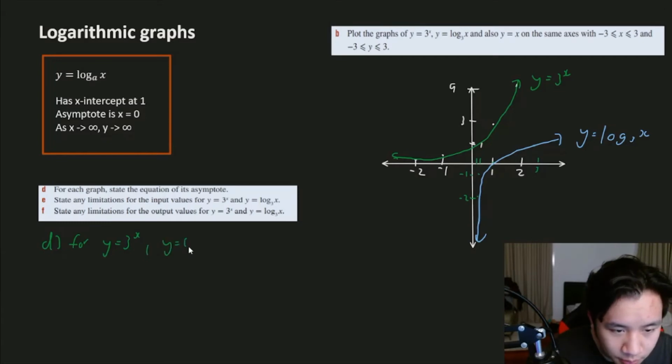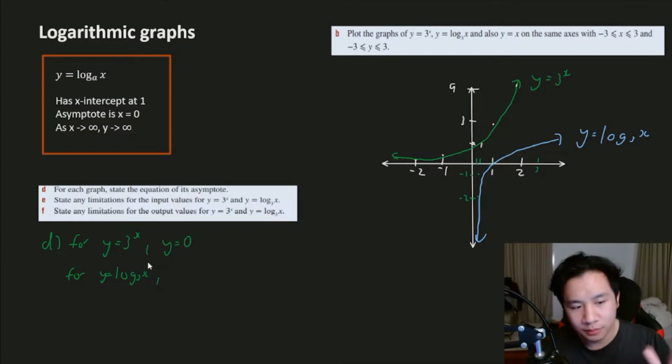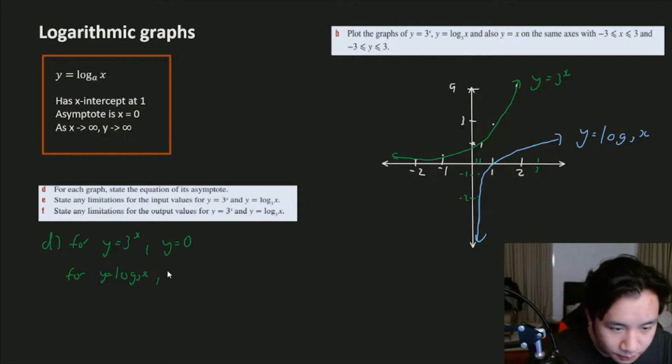And you'll realize something very cool. For y equals log_3 x, remember, it's the flipped version. So if you think of the flipped version of y equals 0, that's going to be x equals 0, the y-axis. Cool stuff.